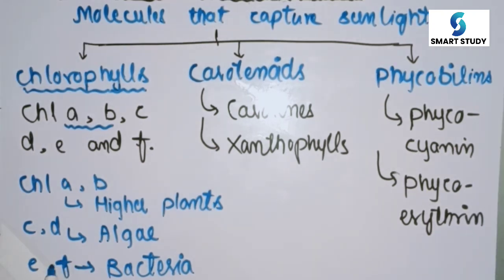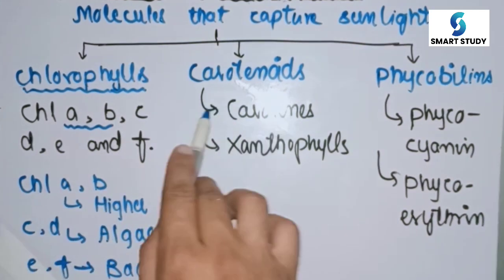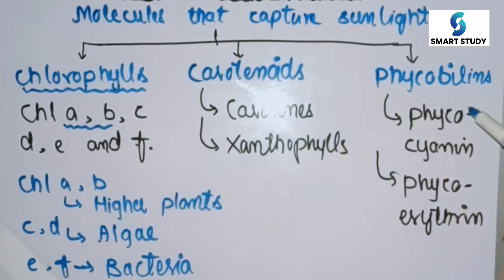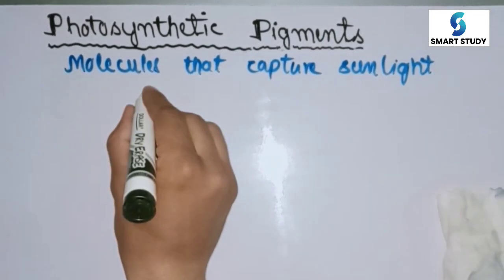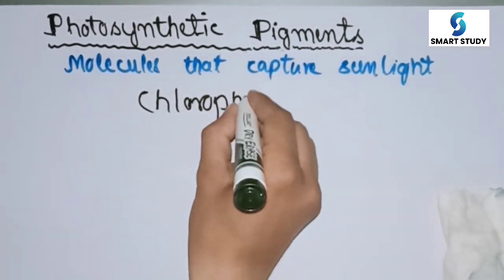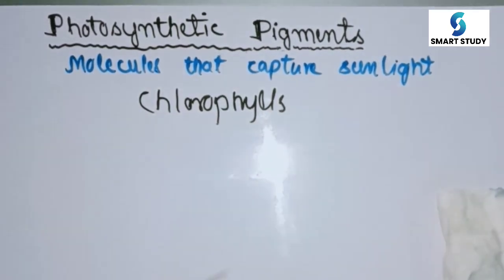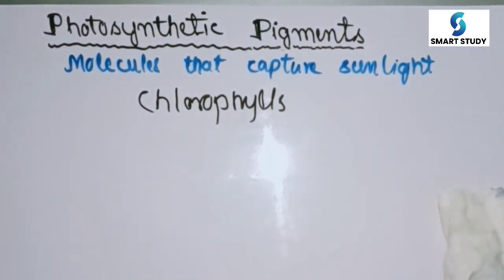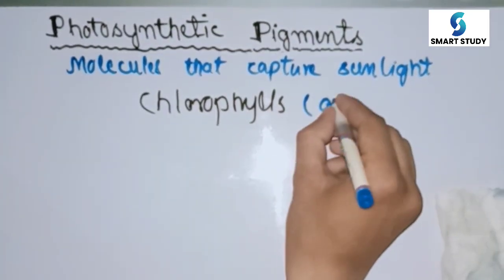So now we discuss chlorophyll A and B in detail. After that we discuss carotenoids and its types. At last we discuss phycobilins and its types. So now we discuss the group chlorophylls. We know that chlorophylls are green pigments.